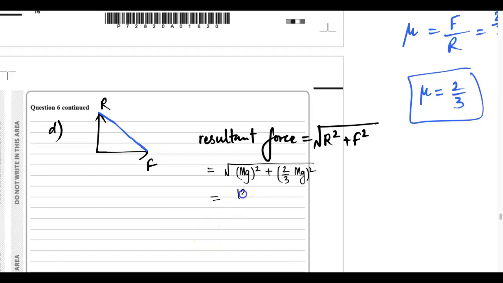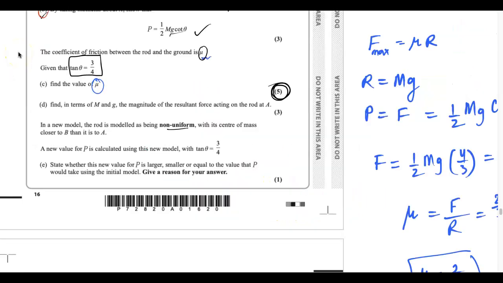Okay, yeah. So square root of 13 over 3 mg, right? Or we can say 1/3 of root 13 mg. So this is what the resultant force is. Okay, so let's do the last part, E part.